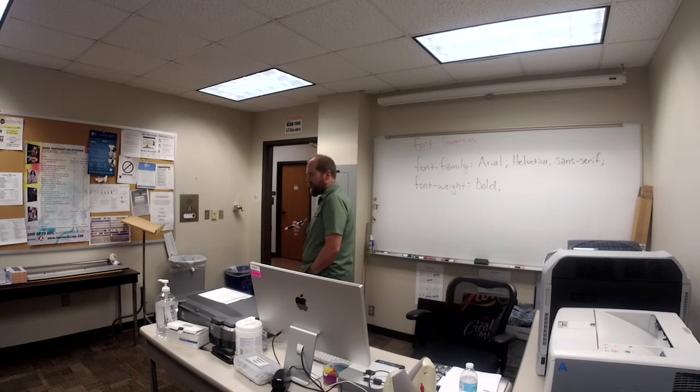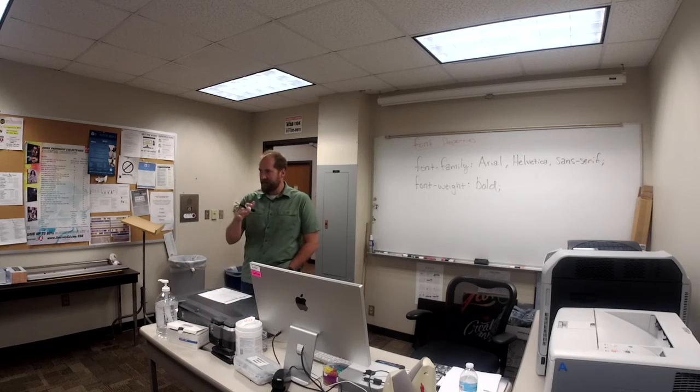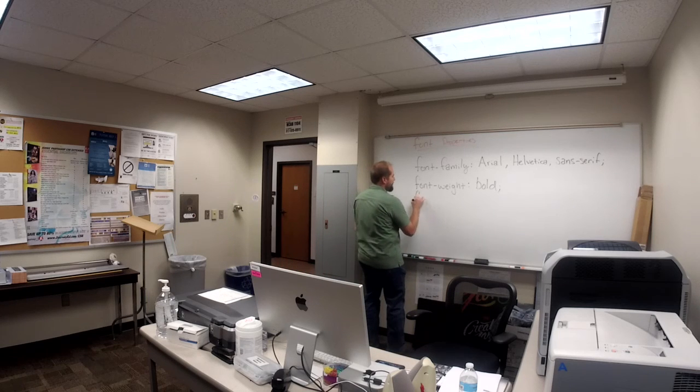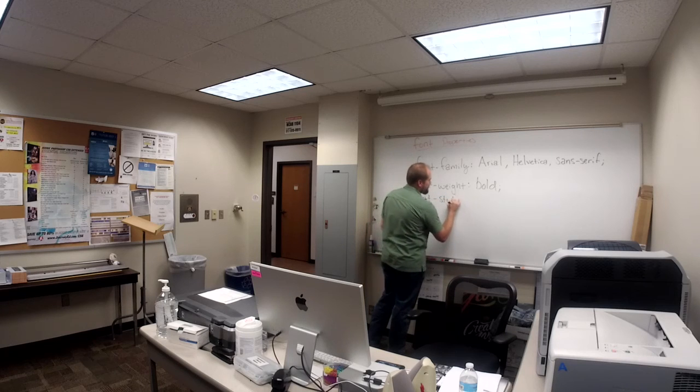The other question was, well, wait a minute. What about italics? How do we do that? Well, there is another font property. Surprise, surprise. And this one is called font style.